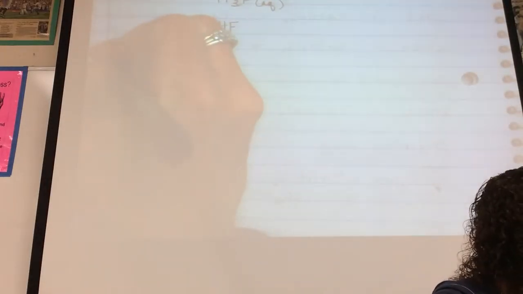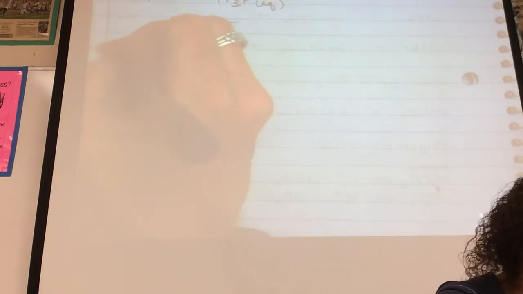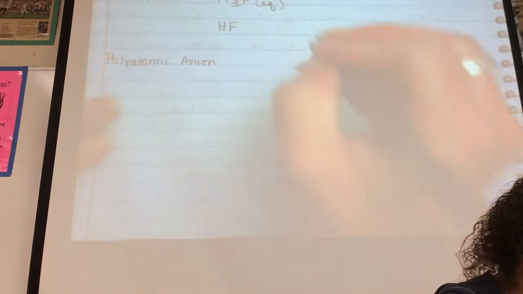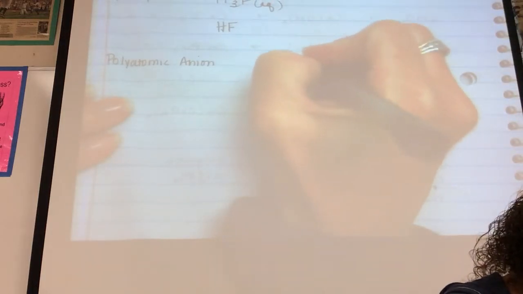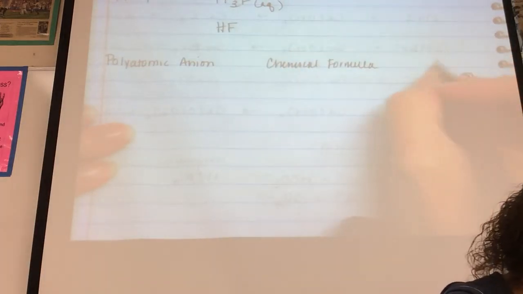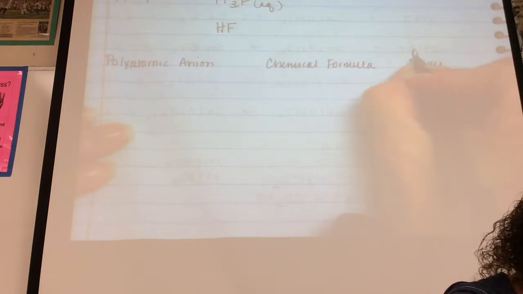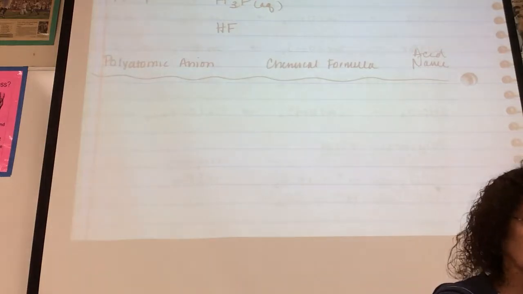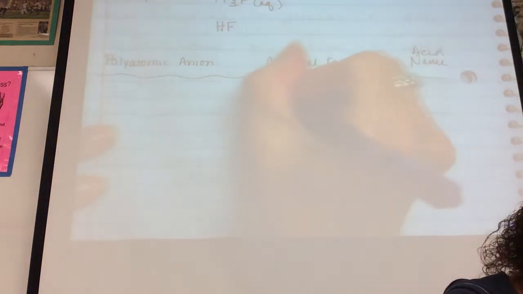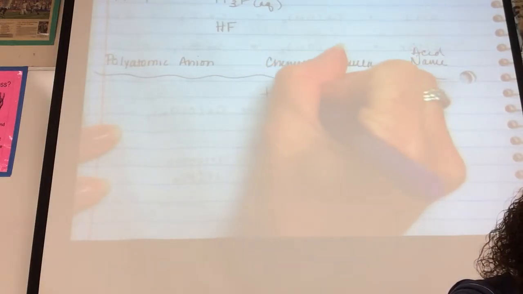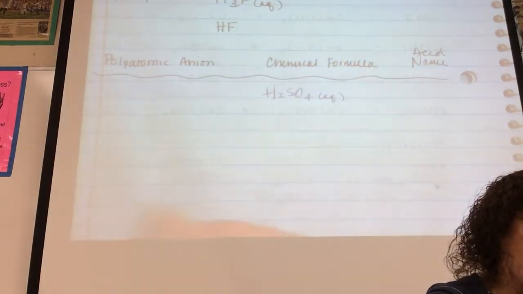I'm just going to indicate to the left of the chemical formula the polyatomic anion. Then we have the chemical formula, and the name of the acid. So I'll say acid name. So the first one I gave you is H2SO4, again aqueous to indicate the acid.